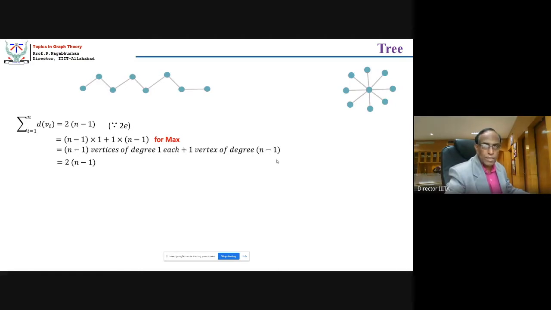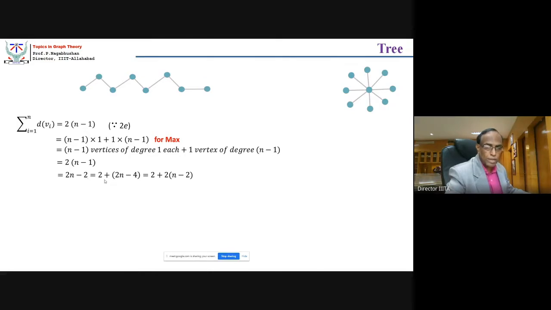Now, as far as minimum is concerned, that is equal to 2 into n minus 1. As far as minimum is concerned, 2 vertices of degree 1 and the remaining n minus 2 vertices of degree 2. Let us see how that is possible. So 2 into n minus 1, I can write it as 2n minus 2. And that can be rewritten as 2 plus 2n minus 4. All that I have done is add and subtract 2.